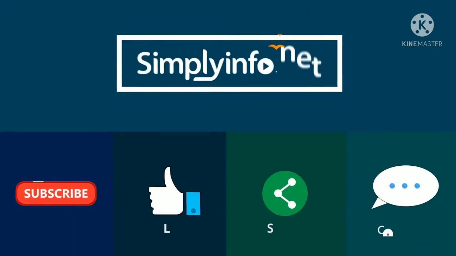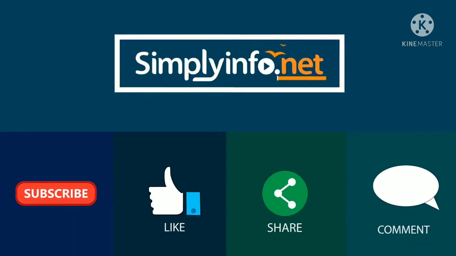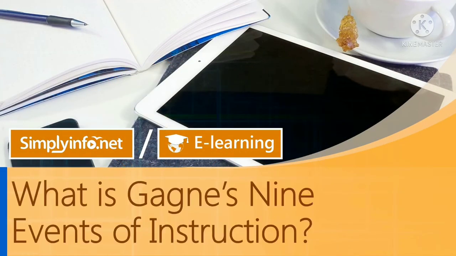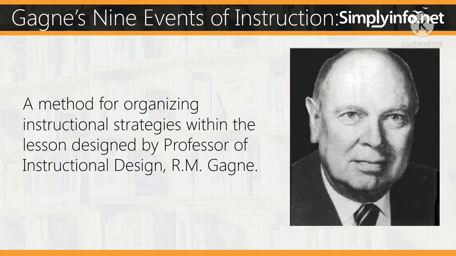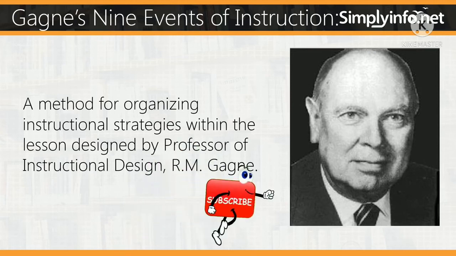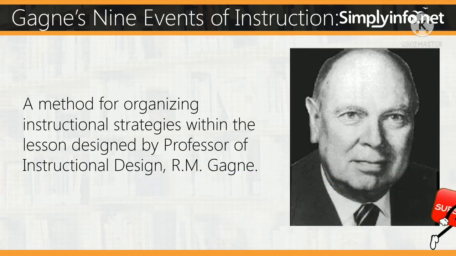By this next video, we will be your guide on how you can participate or assess and deliver instruction by Robert Gagne. What is Gagne's 9 events of instruction? Gagne's 9 events of instruction is a method of organizing instructional strategies within the lesson designed by Professor of Instructional Design R.M. Gagne.